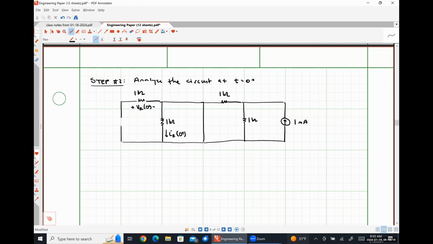All right, so now let's talk about what we're going to do with our inductor here. Okay, so we know that the current that's flowing through an inductor cannot change abruptly, or whatever value it had at t is equal to 0 minus, it must continue to have at t is equal to 0 plus. So that means that there is a fixed amount of current of 0.2 milliamps flowing down through whatever we put here.